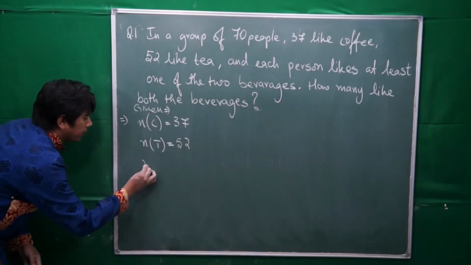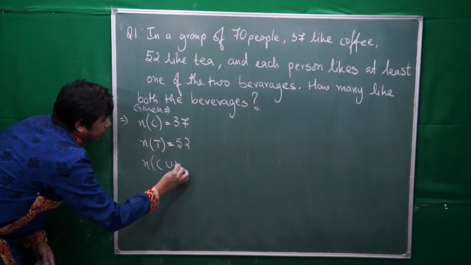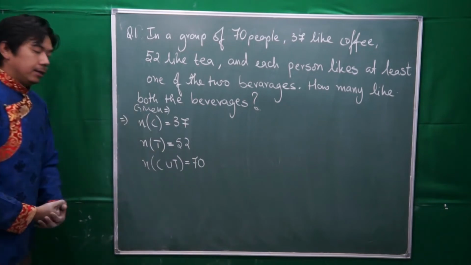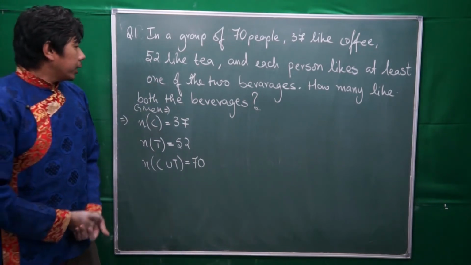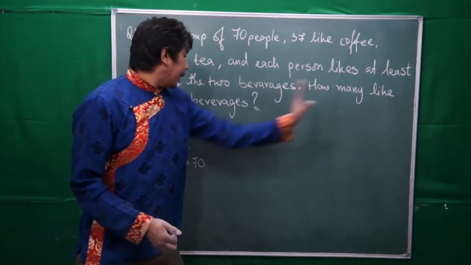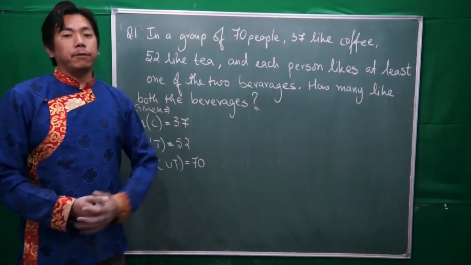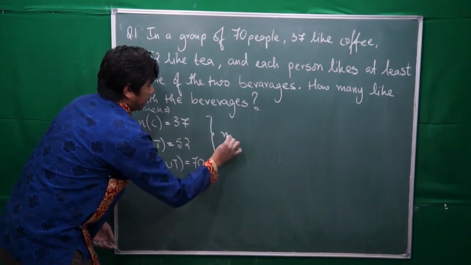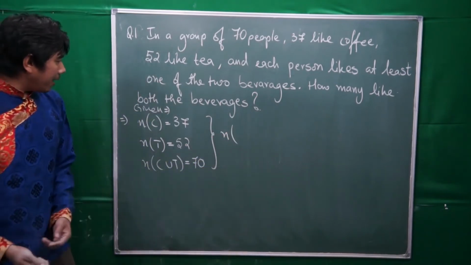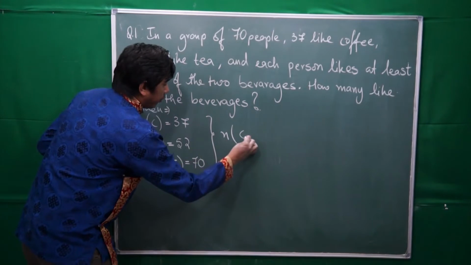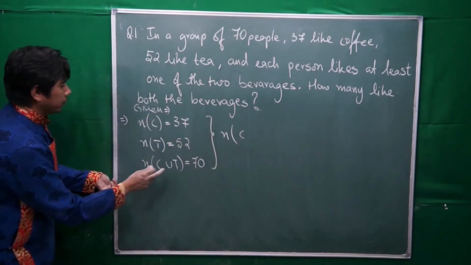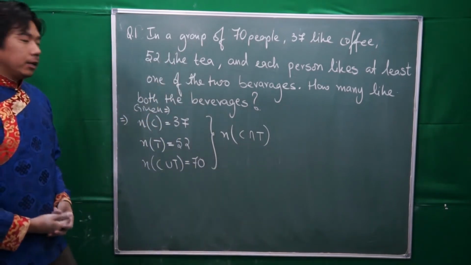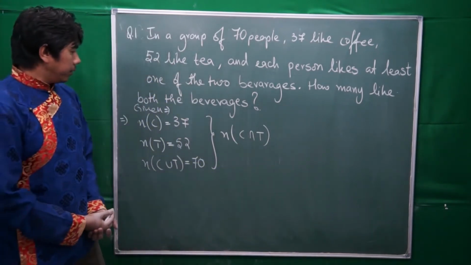So the number of coffee union tea equals 70. Simple. So what you need to find is how many like both beverages. That means you have to find the number of people who like coffee and tea as well, which is the intersection generally.